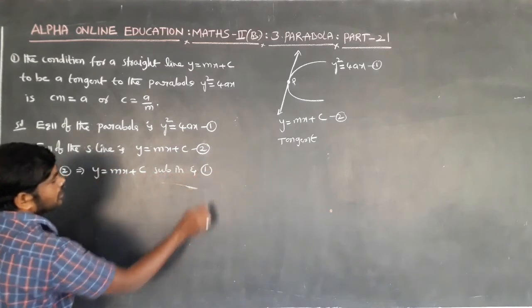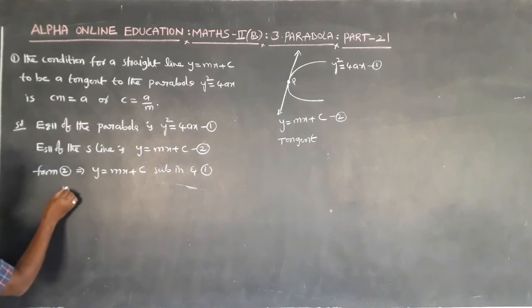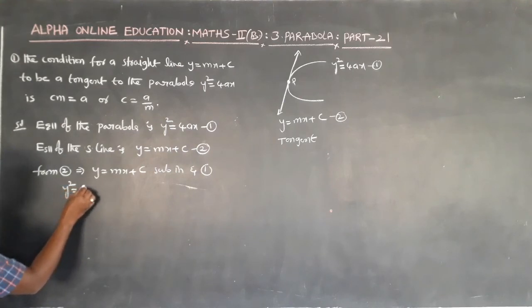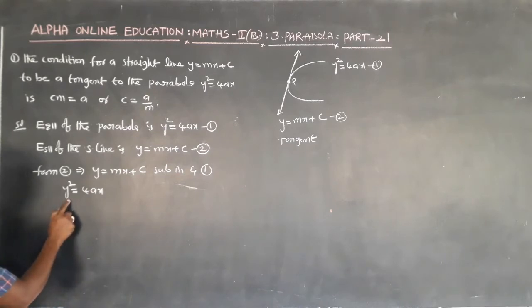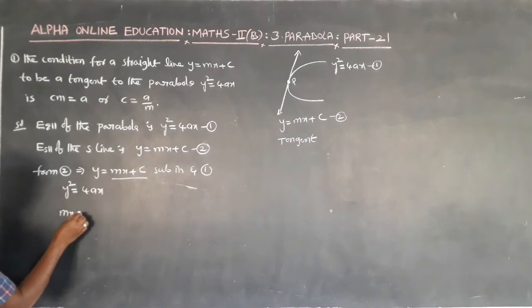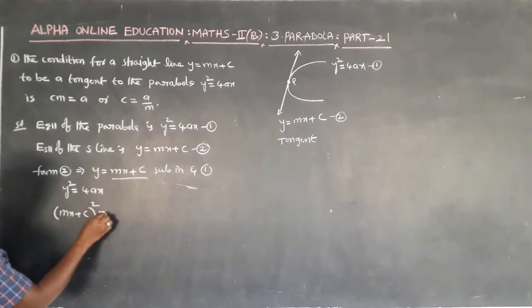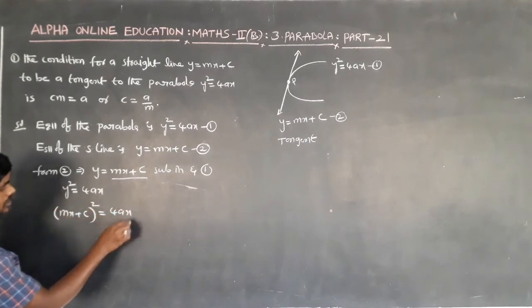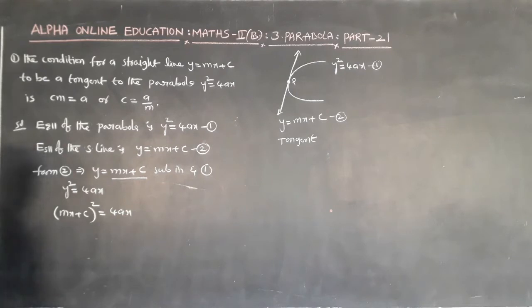Substitute in equation number 1. Equation number 1 is y² = 4ax. Substituting, (mx + c)² = 4ax.